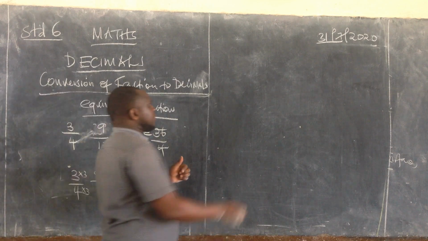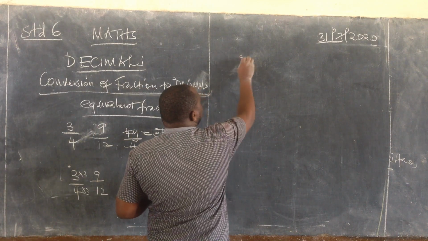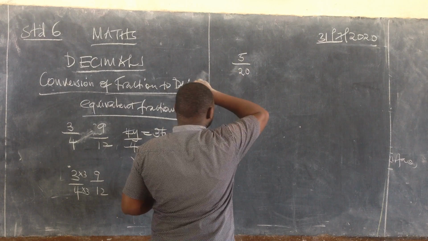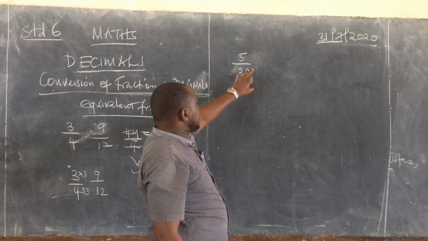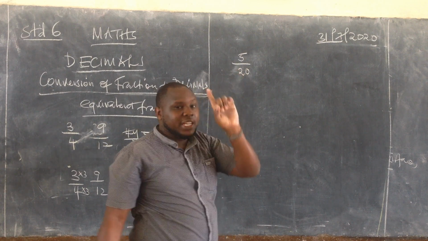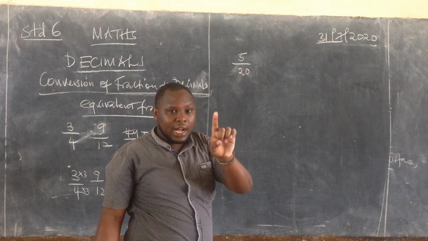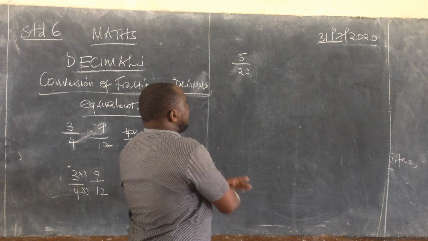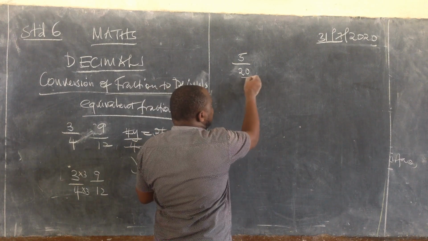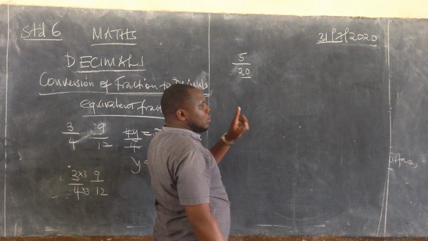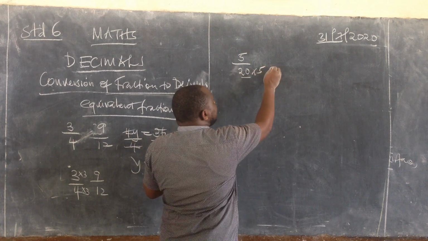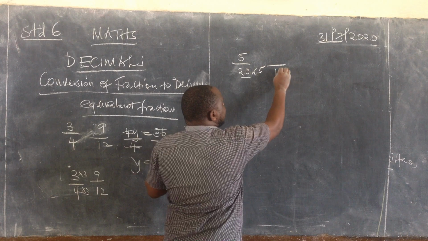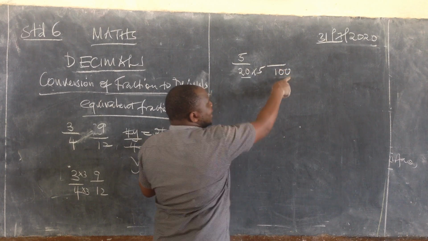It can also be asked, for example, 5 over 20. If you have 5 over 20, we want to get a number that has one digit 1 as a whole, and the others are zeros. So what do we do to this number to get a digit 1 and the others zeros? If you multiply this by 5, you will get 100. A digit 1 and the others are zeros.